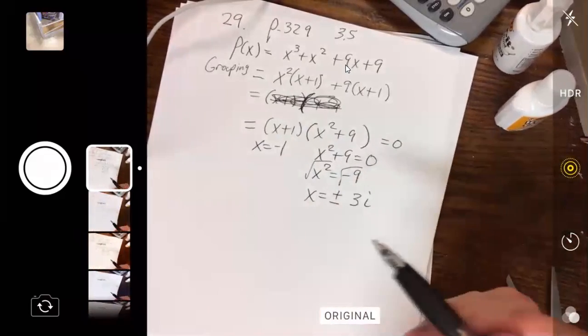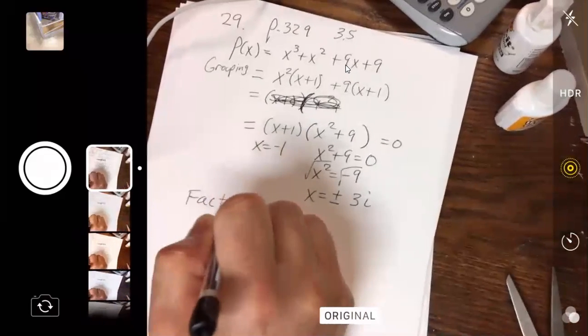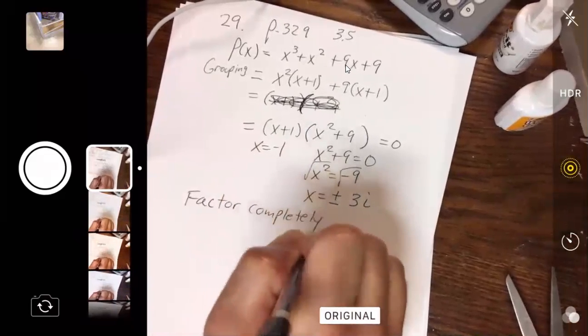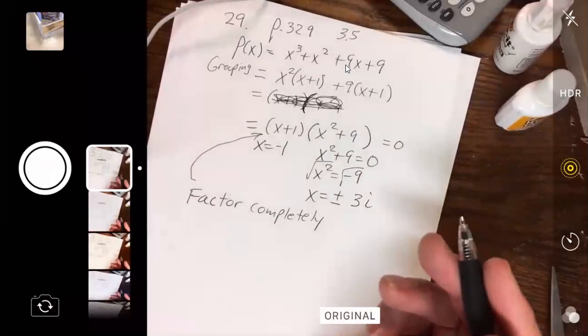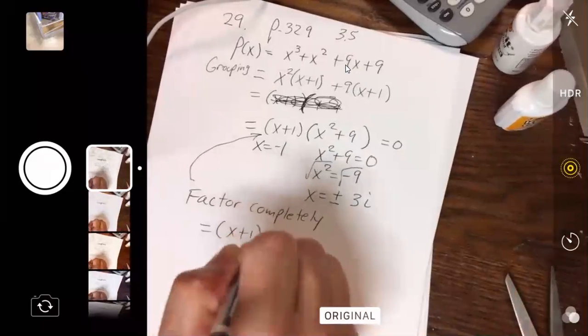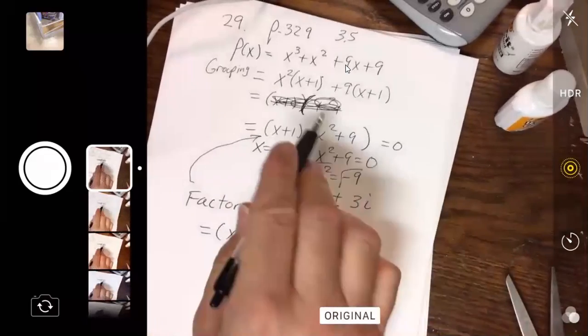So when it says factor completely, we've actually already done it on that line. Can you find the imaginary ones when you factor it the other way, or is it only this way? No, only this way.